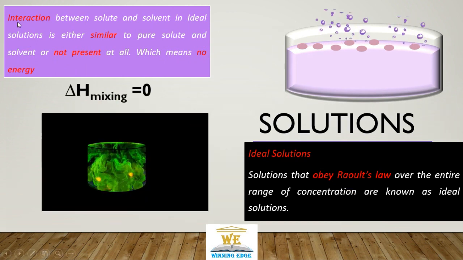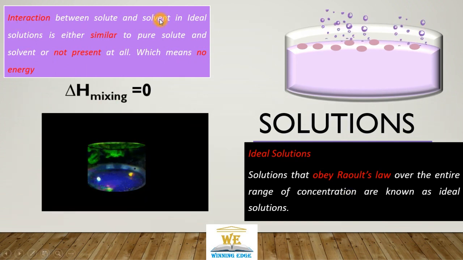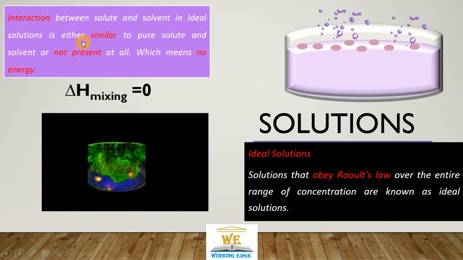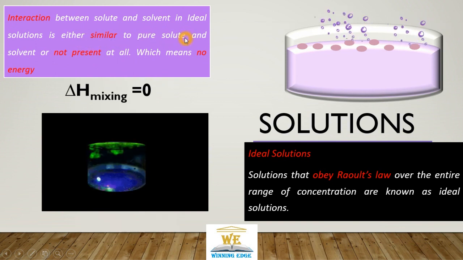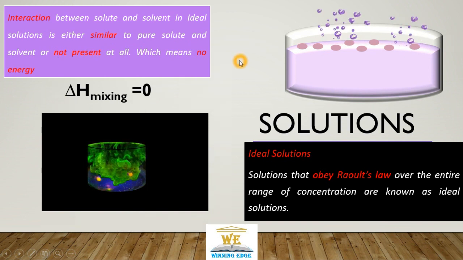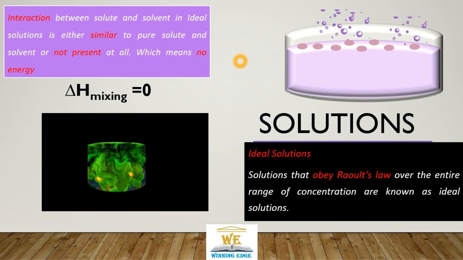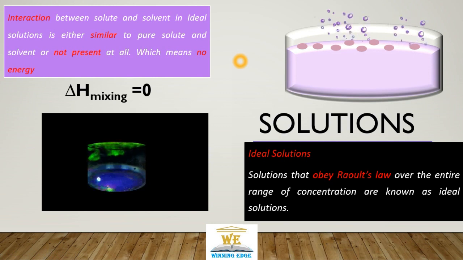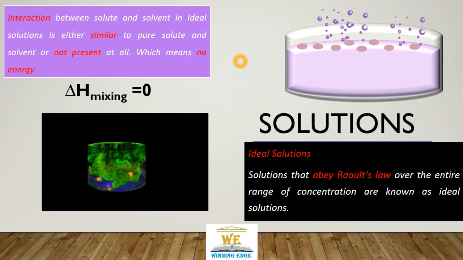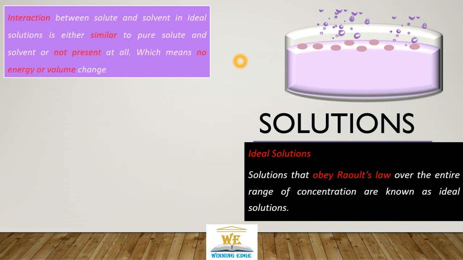In ideal solutions, interaction between solute and solvent is either zero or no interactions, or they are similar to the pure solute and solvent. Delta H is no change in enthalpy of mixing. Another is delta V.